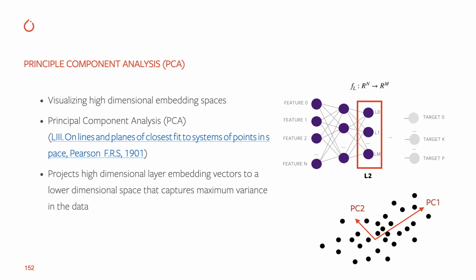PCA components can be sorted based on the amount of the variance that they capture. In this example, on the bottom right side, we visualize two top principal components, PC1 and PC2.